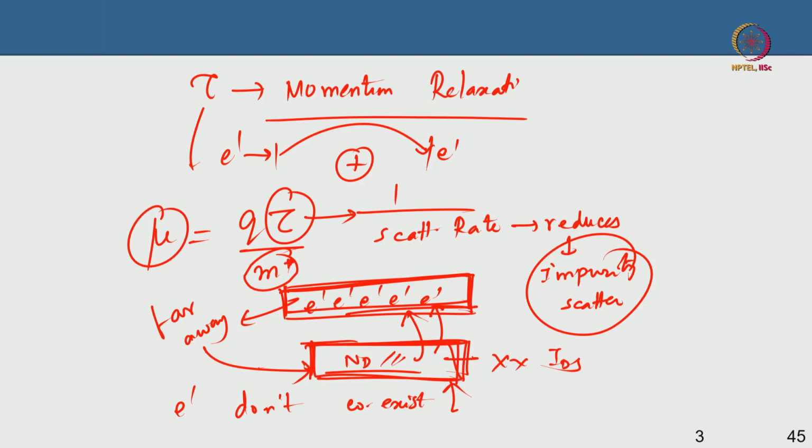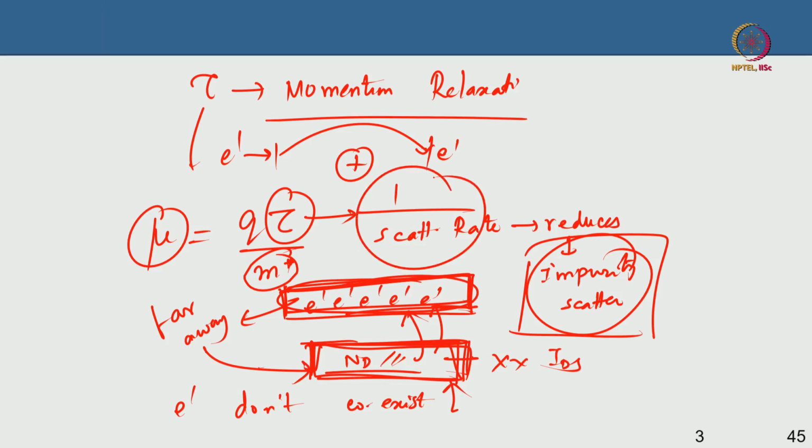Because the free electrons are physically separated from the background doping, it means the area where free electrons are moving or carrying the electricity is away from the area where there is doping. If this is possible somehow, then the impurity scattering will become negligible because the impurity is far away, and if impurity scattering becomes lower, then your scattering rate will reduce, which means your momentum relaxation time will increase, and if your momentum relaxation time increases, your mobility will increase.